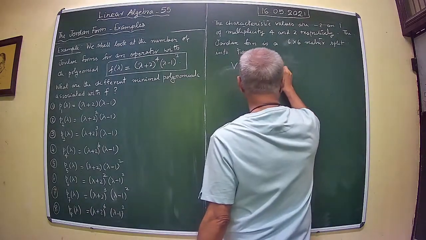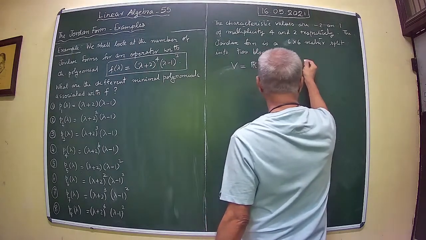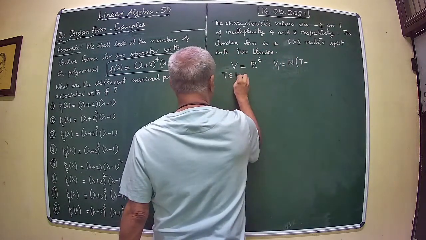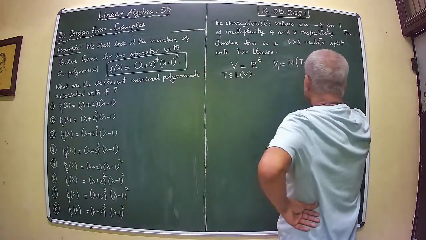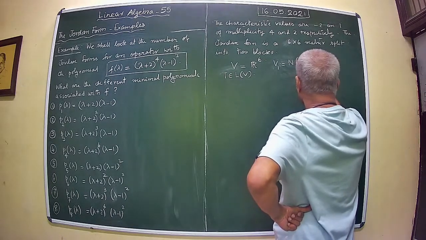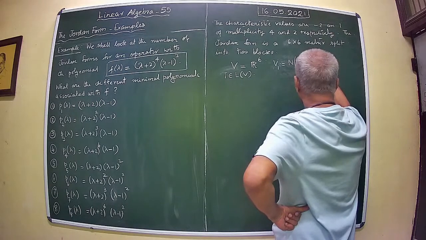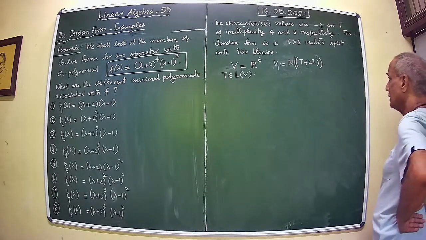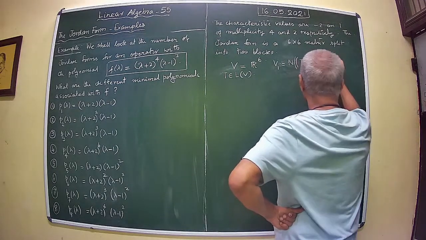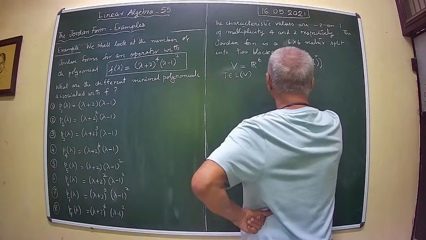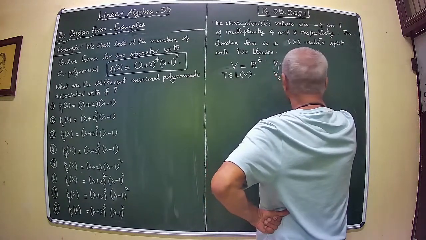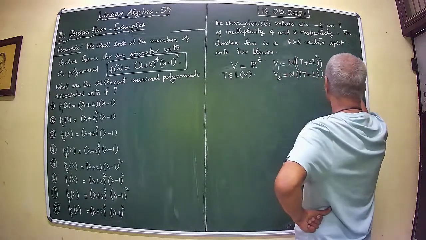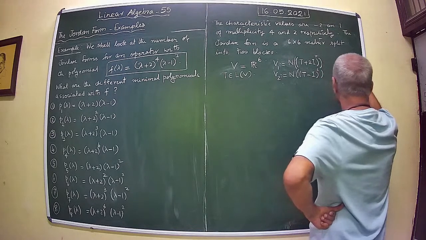So we have V1 defined as the null space of T minus, T belonging to, T minus, to the power R, and V2 the null space of T minus I to the power S, R plus S equal to 6.